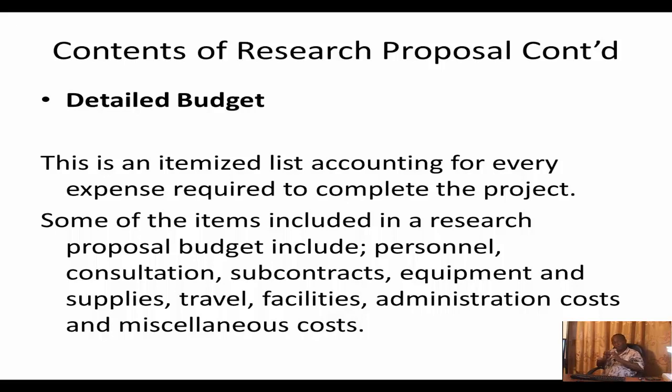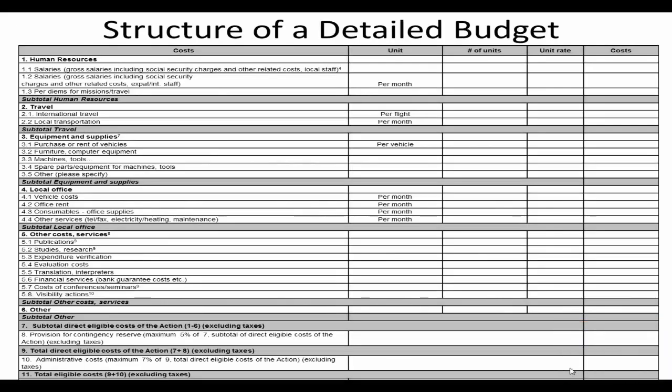You might want to budget for explicitly. And then miscellaneous costs are anything that doesn't fit under the main headings that I've mentioned, for instance. So I say there's no hard and fast rule, but this would be the sort of framework that you should use when you are preparing a budget. Starting from the personnel and then looking at the miscellaneous costs.